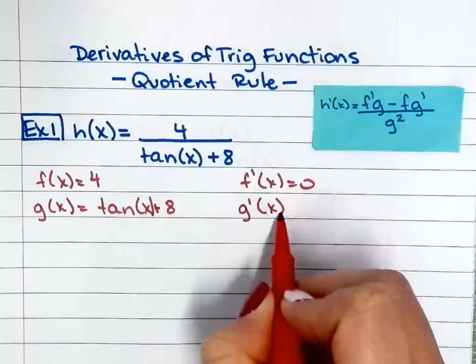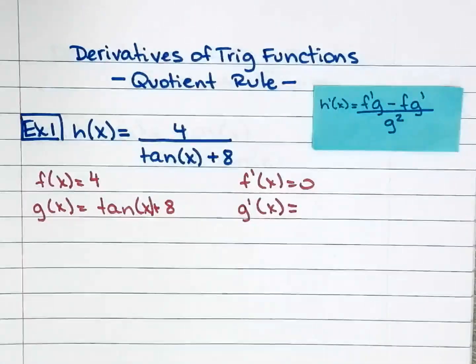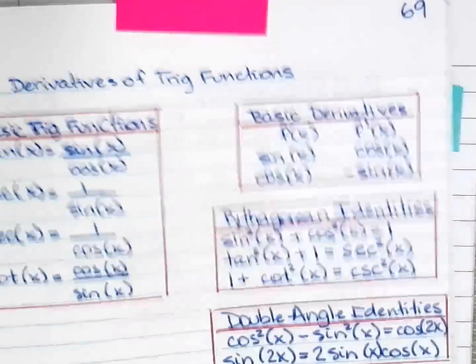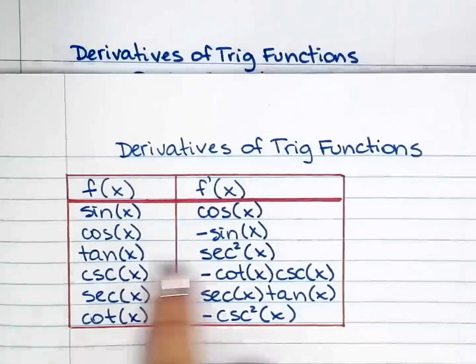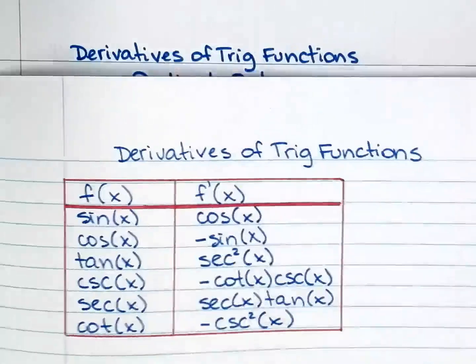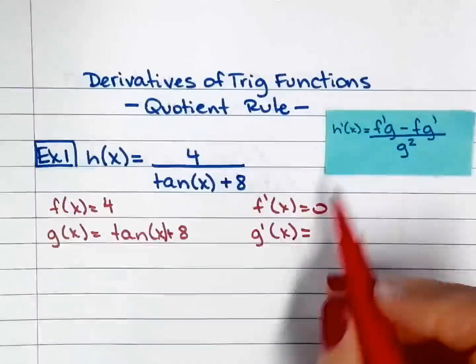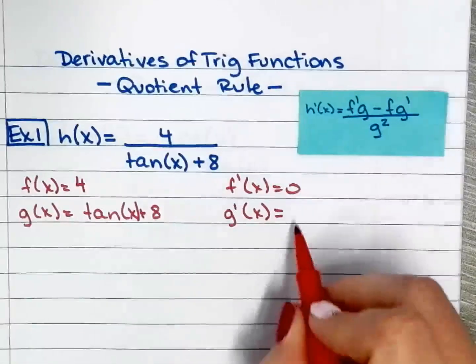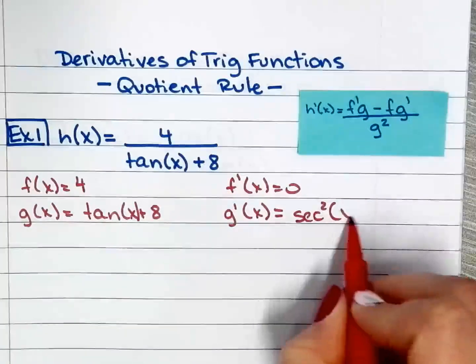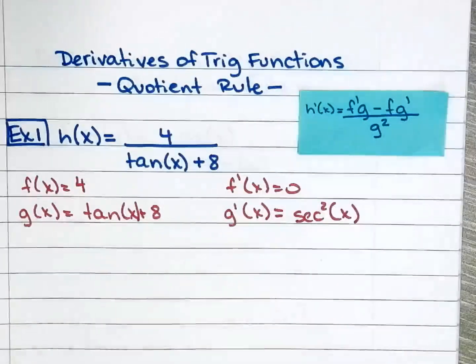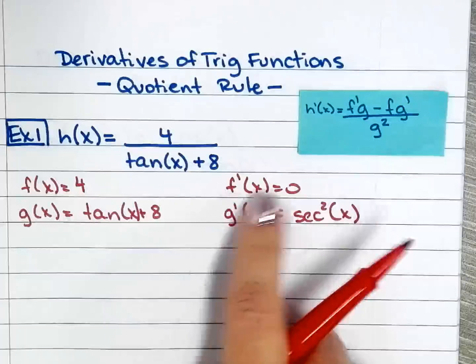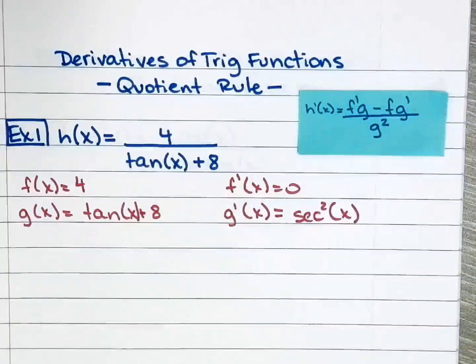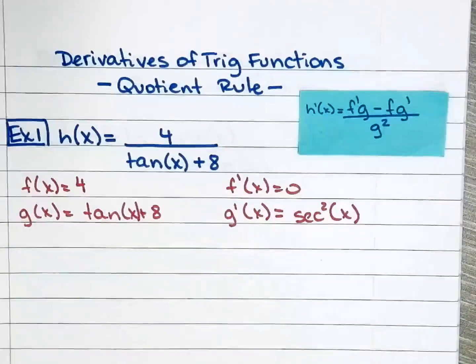The derivative of that function is right there, secant squared. Now we have everything we need. I really like when I have the derivative equals 0. It makes my life easier.